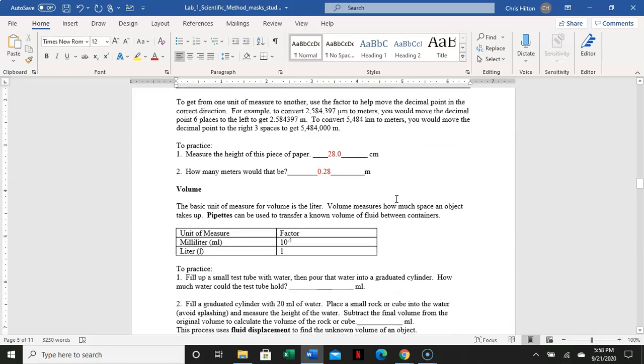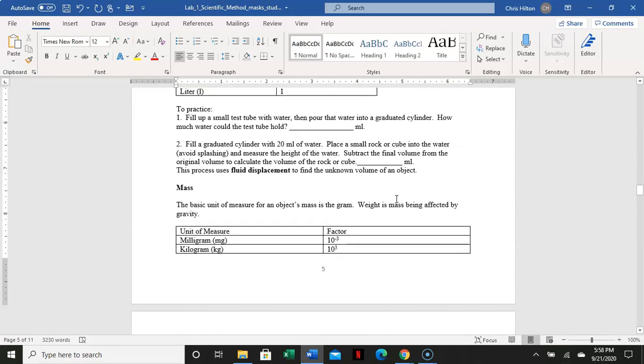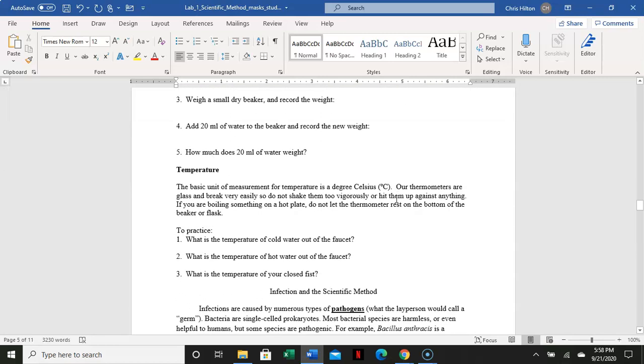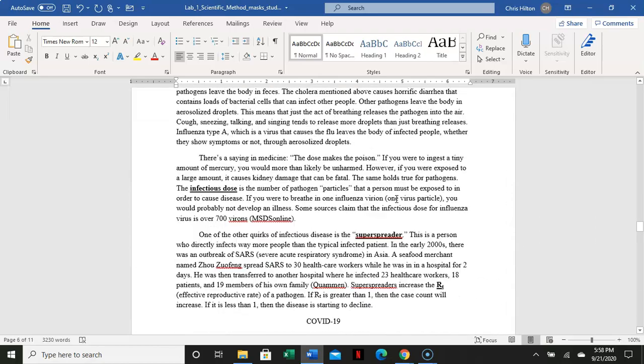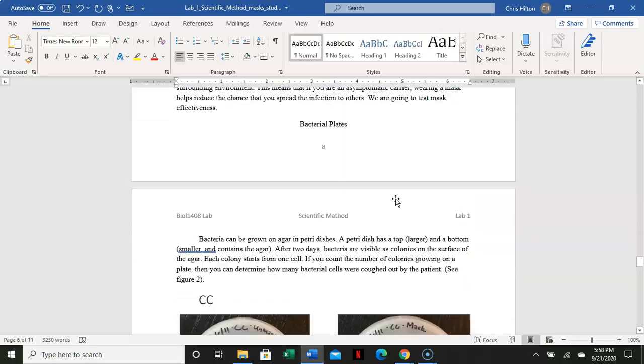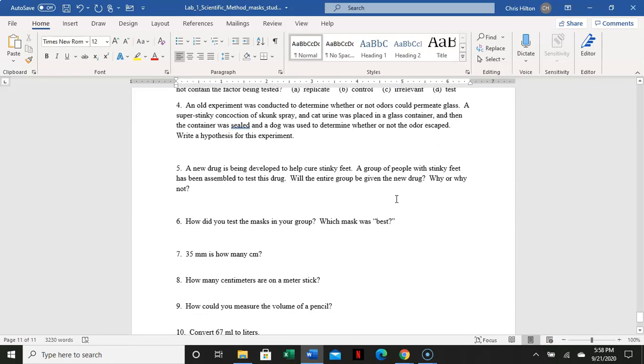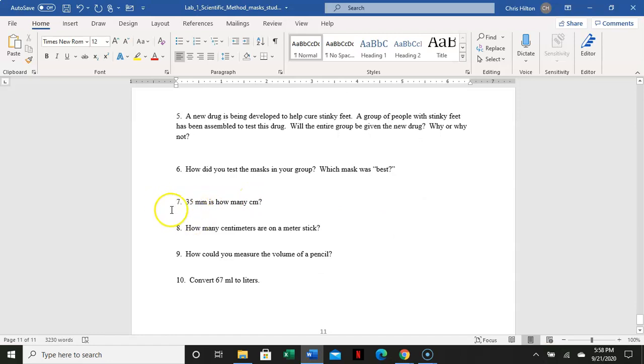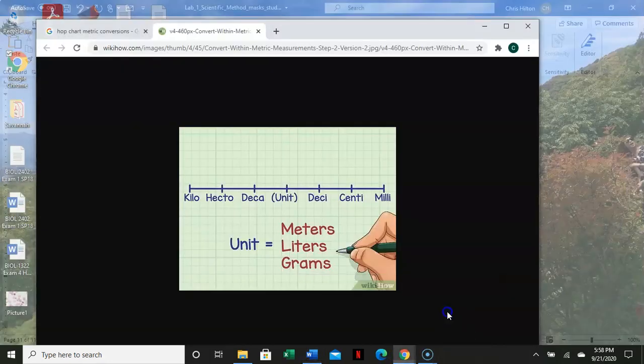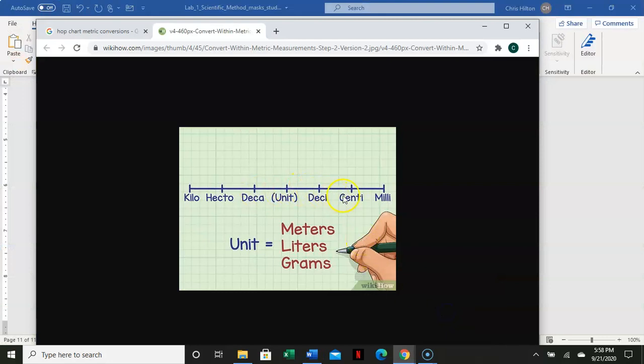So let's do at least one more. So 7 here, 35 millimeters is how many centimeters? So we'll go to our hop chart. Here's milli and here's centi.